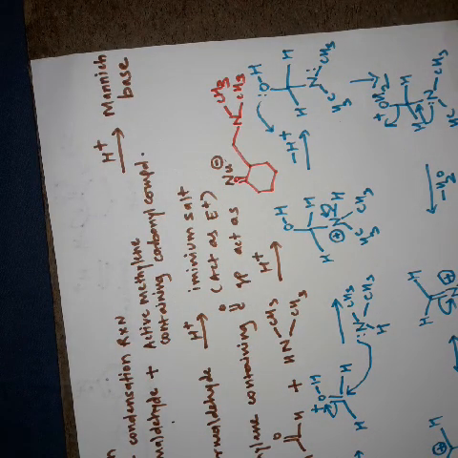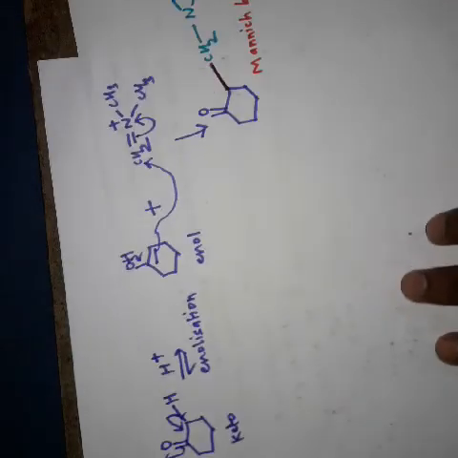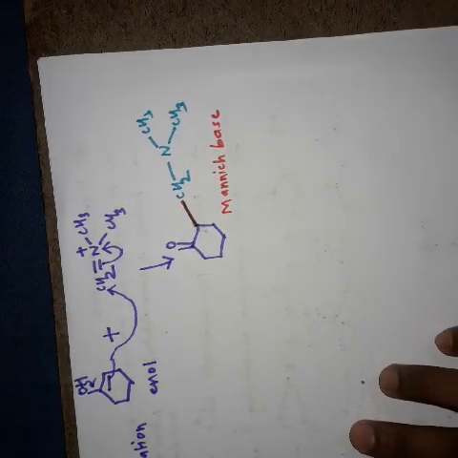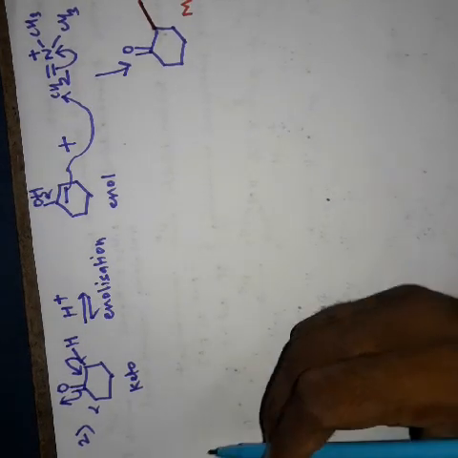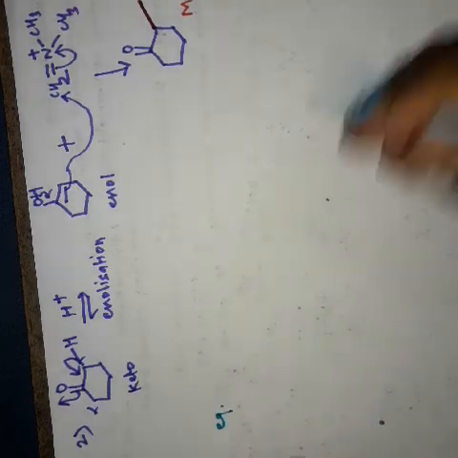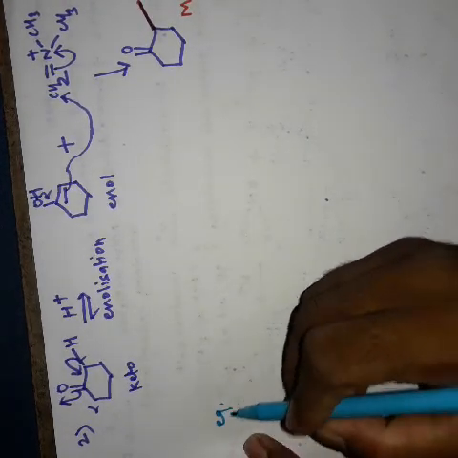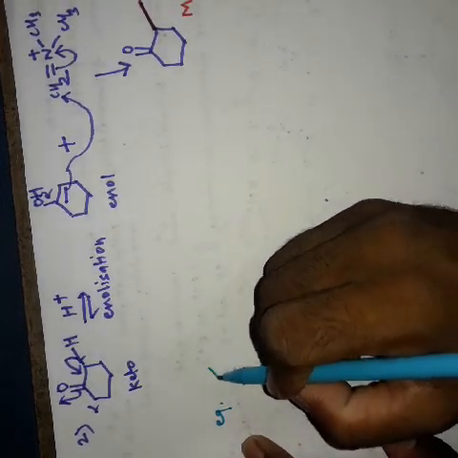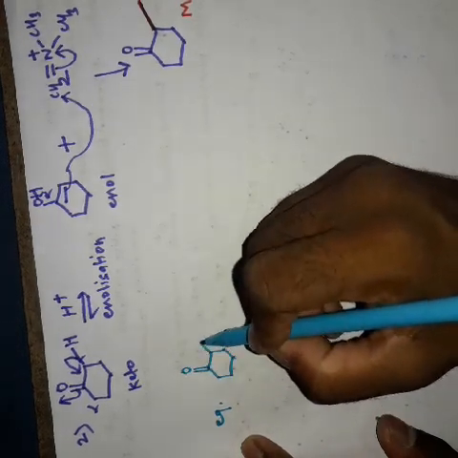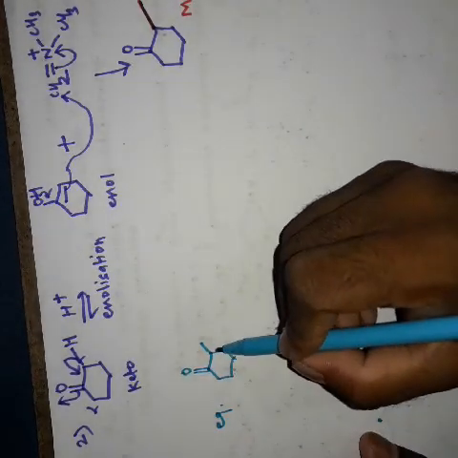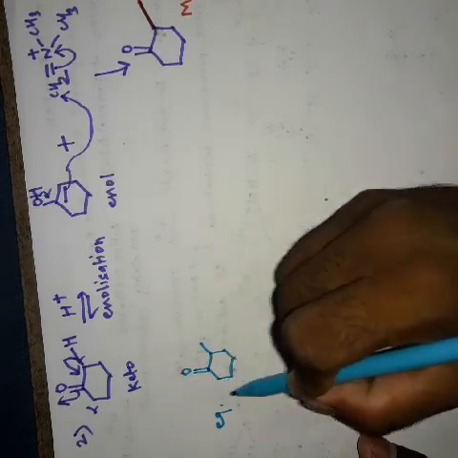Now in order to understand, let us take one more example. Now let us take a carbonyl compound substituted at the alpha position. So now I am taking 2-methylcyclohexanone.